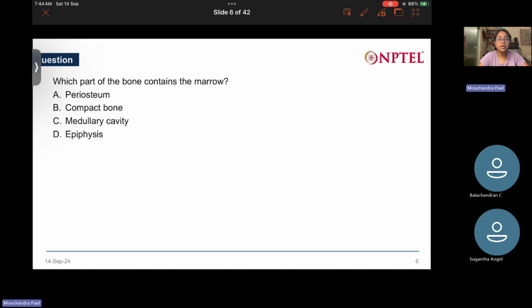Which part of the bone contains the marrow? The bone marrow that we all know, where is it present in the bone? I may say D. Okay, actually the correct answer is C.